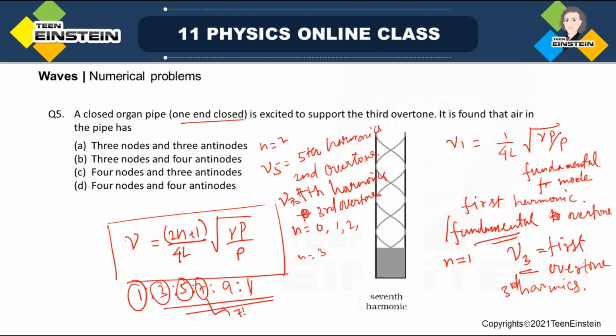Seventh harmonic is called the third overtone.